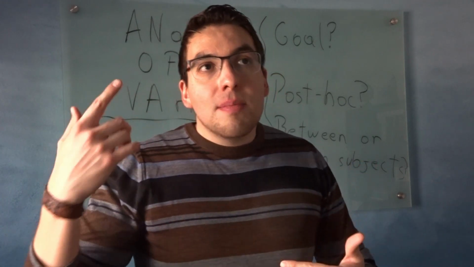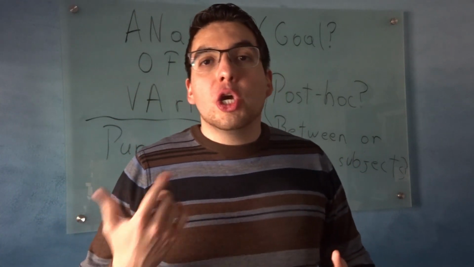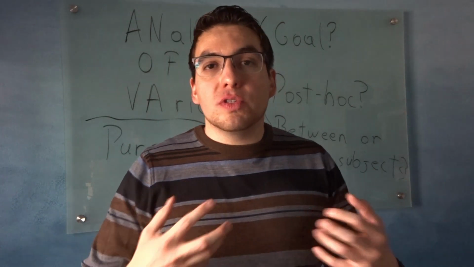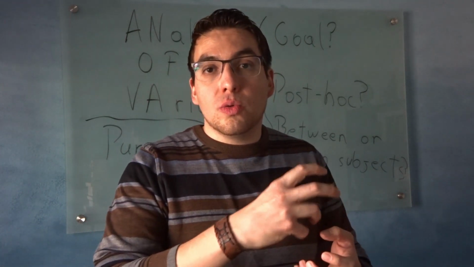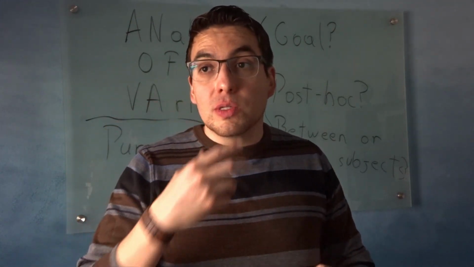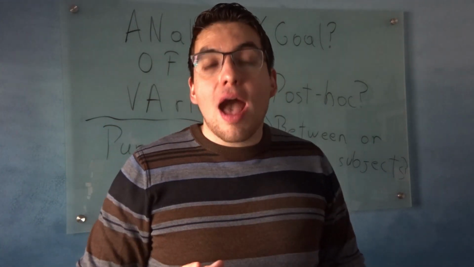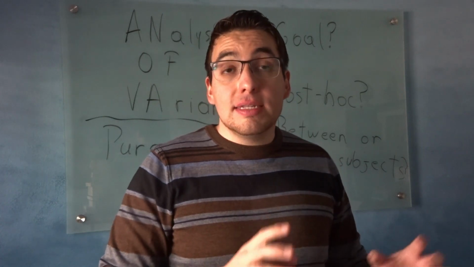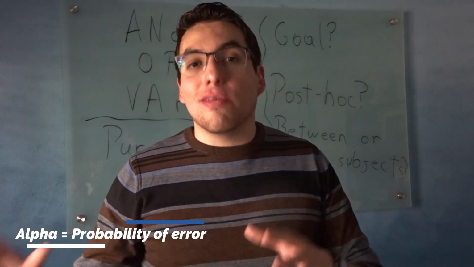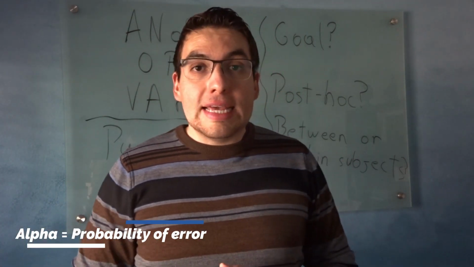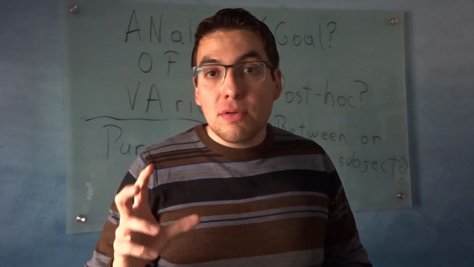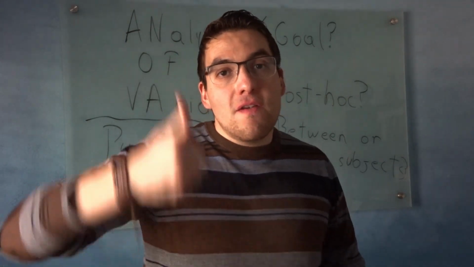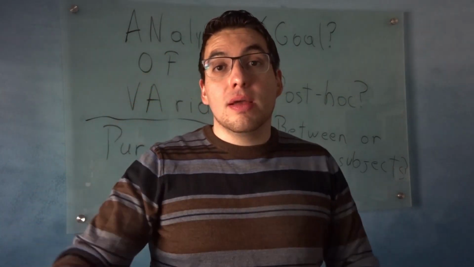And there's often a common question, why couldn't you just make multiple t-tests? Say if you have 3 samples, why can't I just do different t-tests to compare all 3 groups? Remember alpha. Alpha is the probability of making an error. So the thing is, when you make multiple t-tests comparing the same 3 samples, typically alpha goes all the way up.